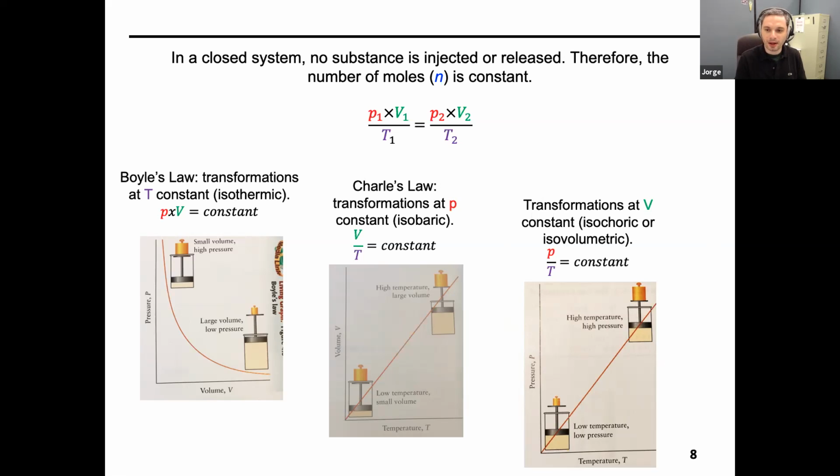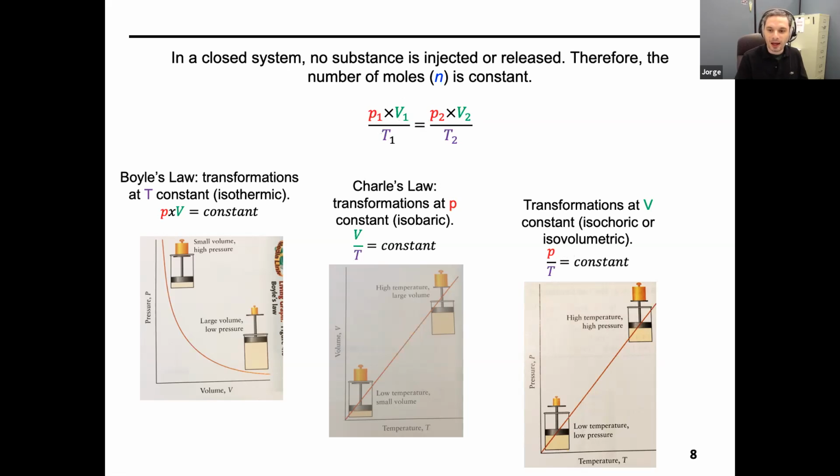In those kinds of transformations where volume is constant, the ratio between pressure and temperature is constant. Meaning of that, the initial volume is going to be equal to the final volume. Therefore, P over T initial is equal to P over T final.